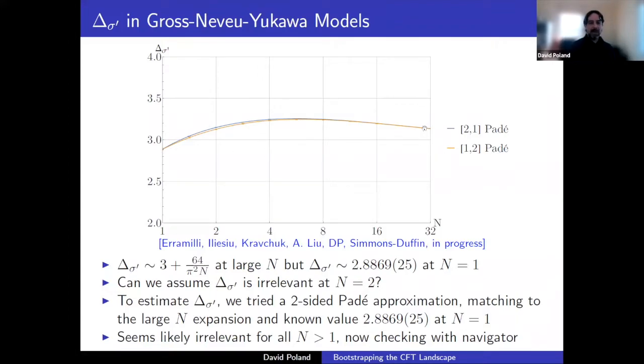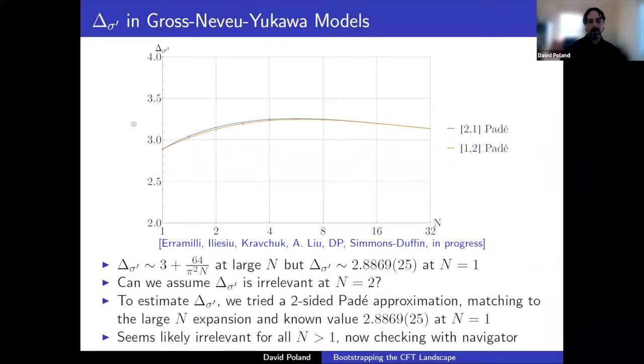In doing those approximations, you get curves which point to this operator being irrelevant all the way down to n equals 2, and then it switches to being relevant at n equals 1. But this is just a Pade approximation, which is really an educated guess. I think it would be interesting to put this on firmer footing and get a more rigorous determination of the dimension of the sigma prime operator.